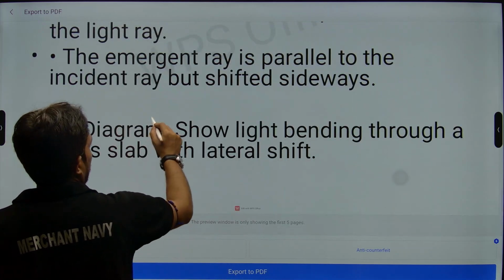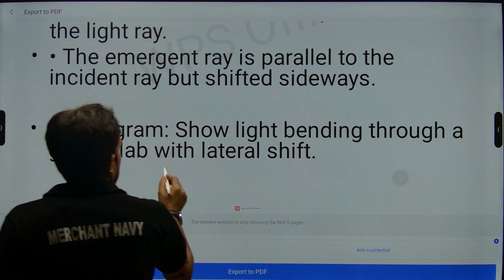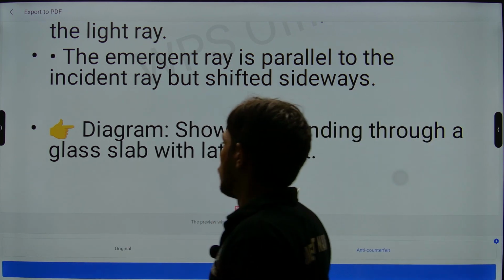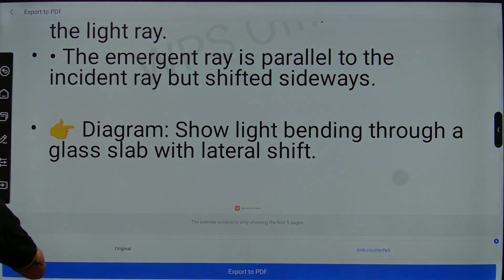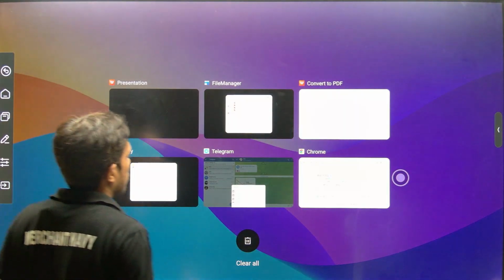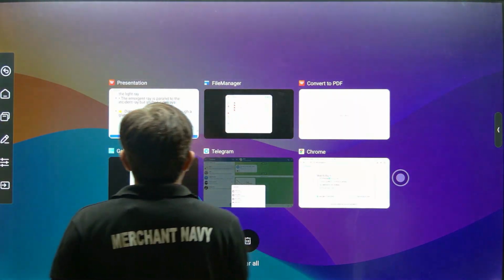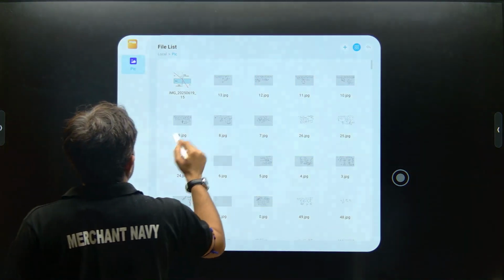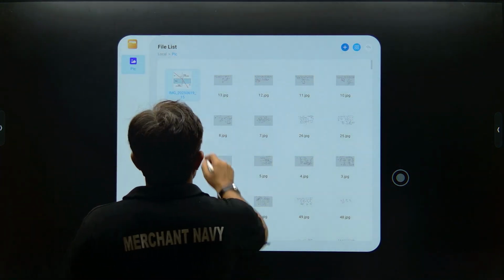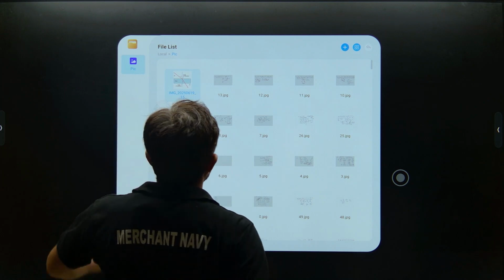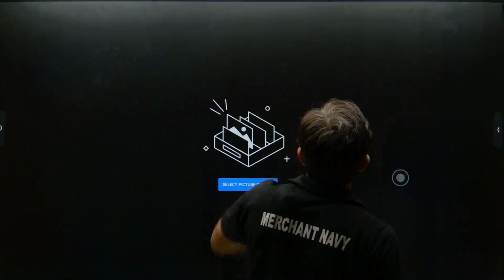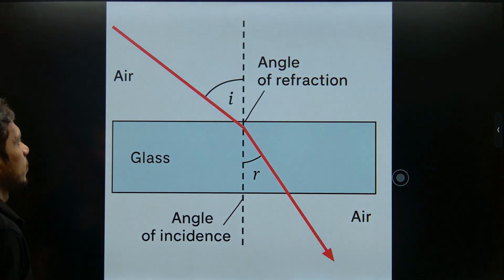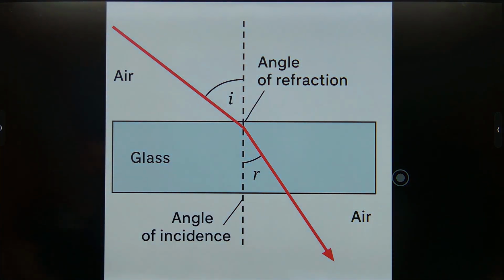Next, let us see the diagram, how the light bends and where it goes.